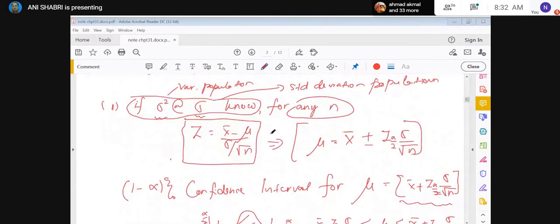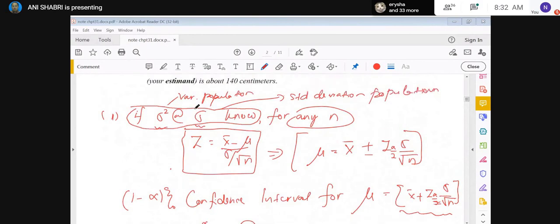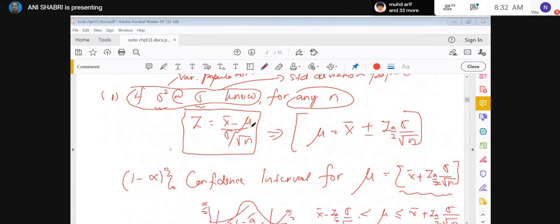If you want to find the confidence interval for mu, we have 3 formulas. Number 1, if the variance or sigma is known, meaning the value is given, we know the value of variance and standard deviation, we can use the formula mu is equal to S bar plus or minus Z alpha divided by 2 times sigma divided by square root n.